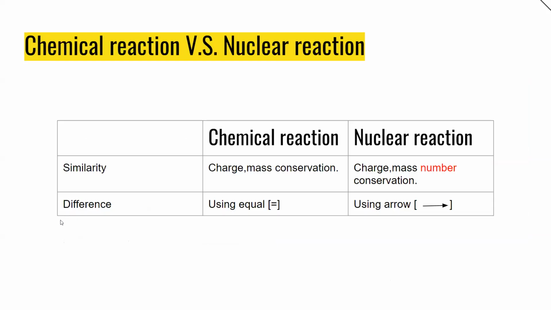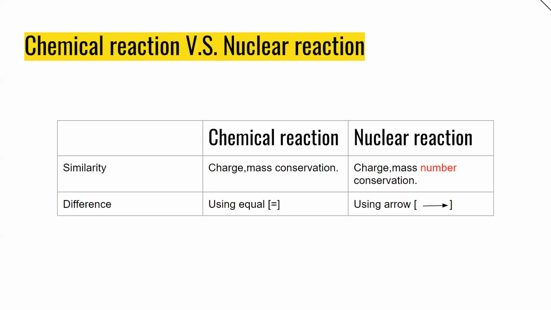Okay, so what is the difference between a chemical reaction and a nuclear reaction? One similarity is that a chemical reaction conserves charge and mass, and a nuclear reaction conserves charge and mass numbers.